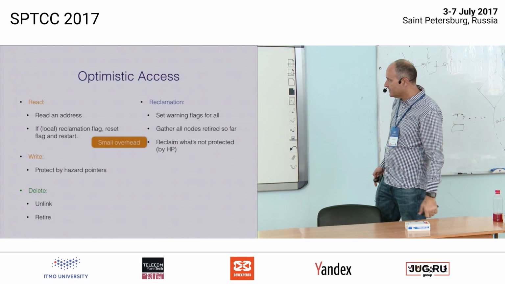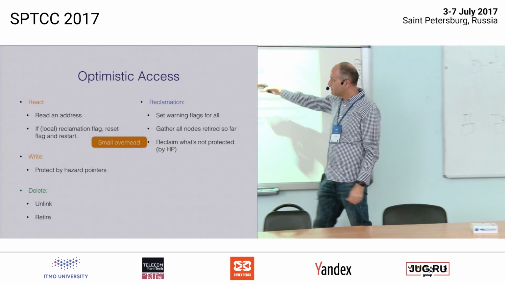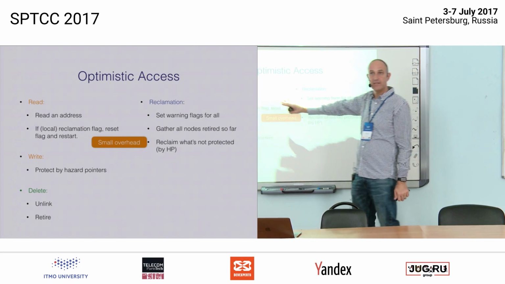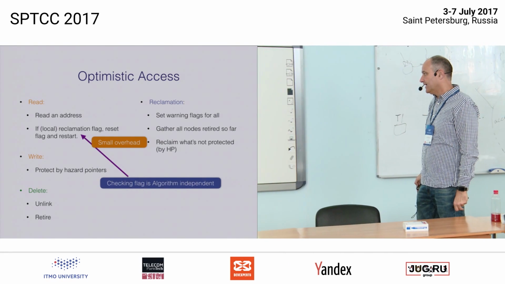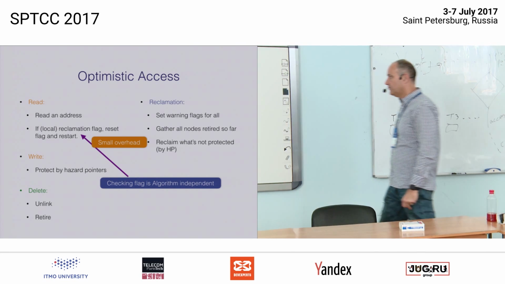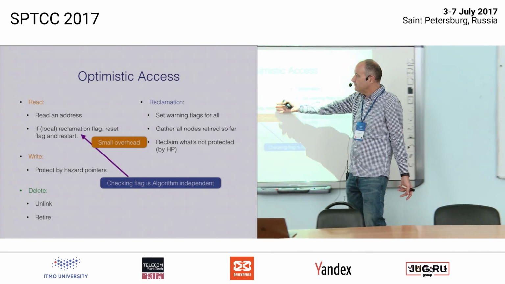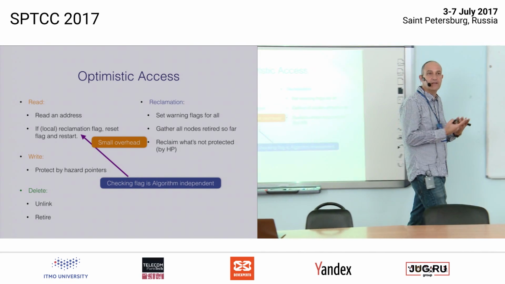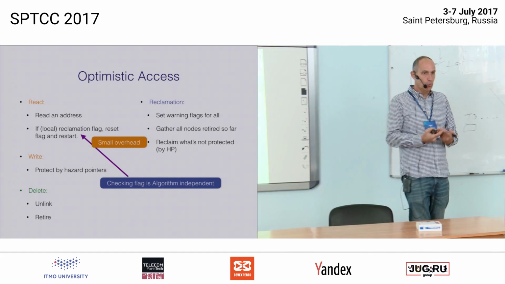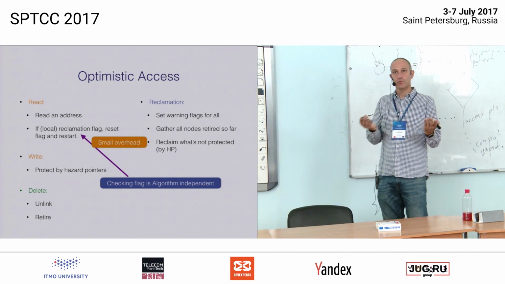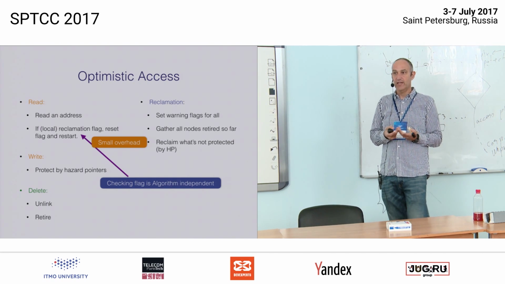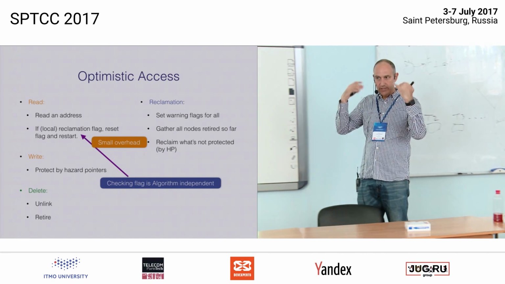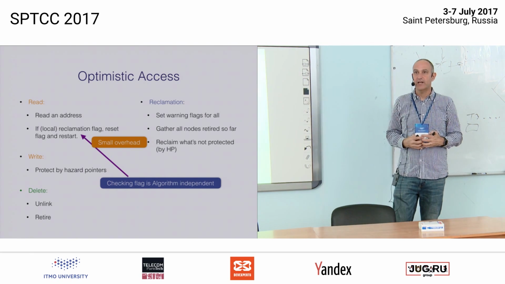So for optimistic access, what you get is a really small overhead on the reads. You basically check a local flag, which is really good. And checking a flag means you don't have to understand the algorithm that you're working with very well. One of the problems we had with hazard pointers is that in order to verify that we are okay, we had to understand the algorithm and see that stuff has not been reclaimed.